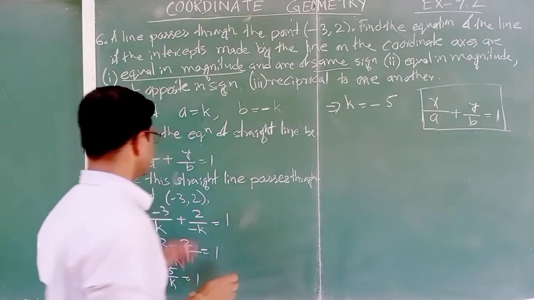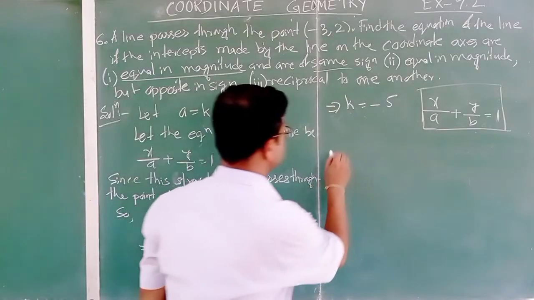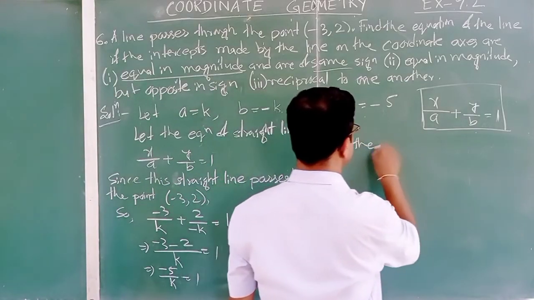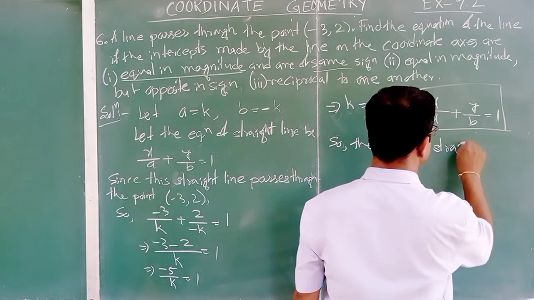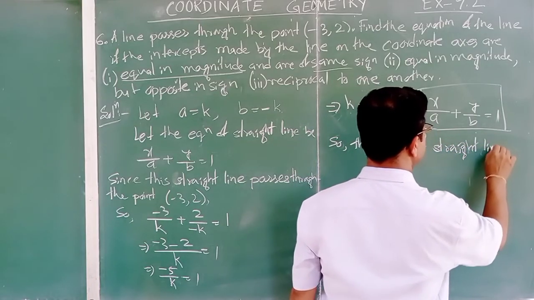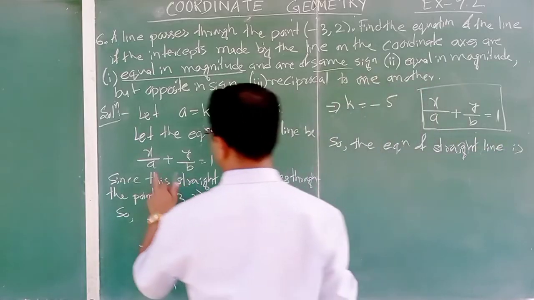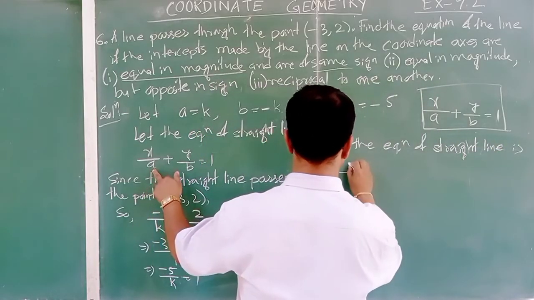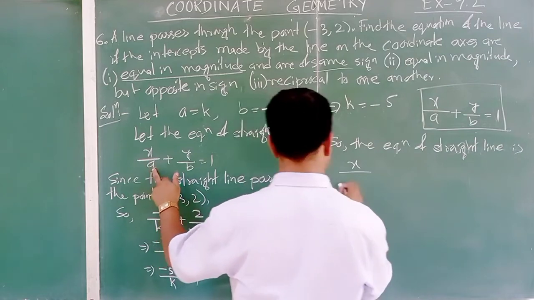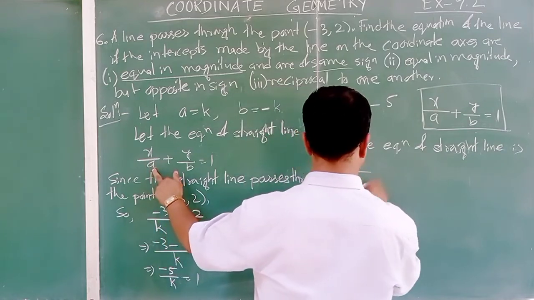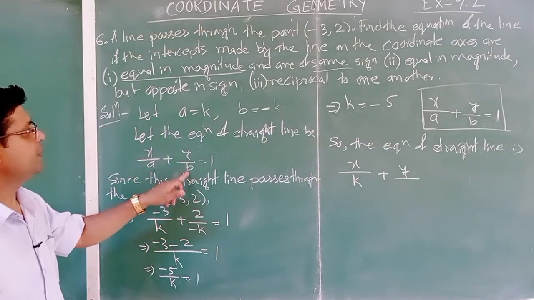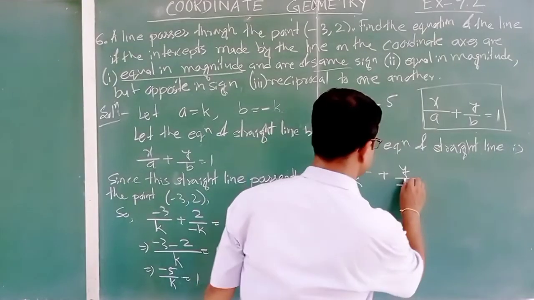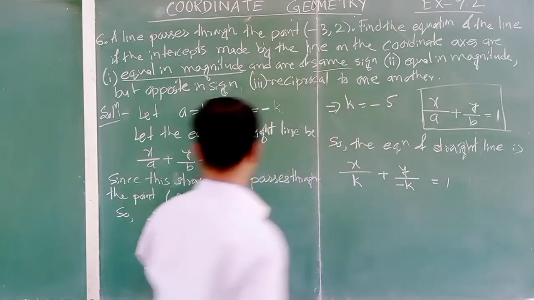So now let us substitute here. The equation of the straight line is, if we substitute, x by a where a is k, plus y by b where b is -k, is equal to 1.